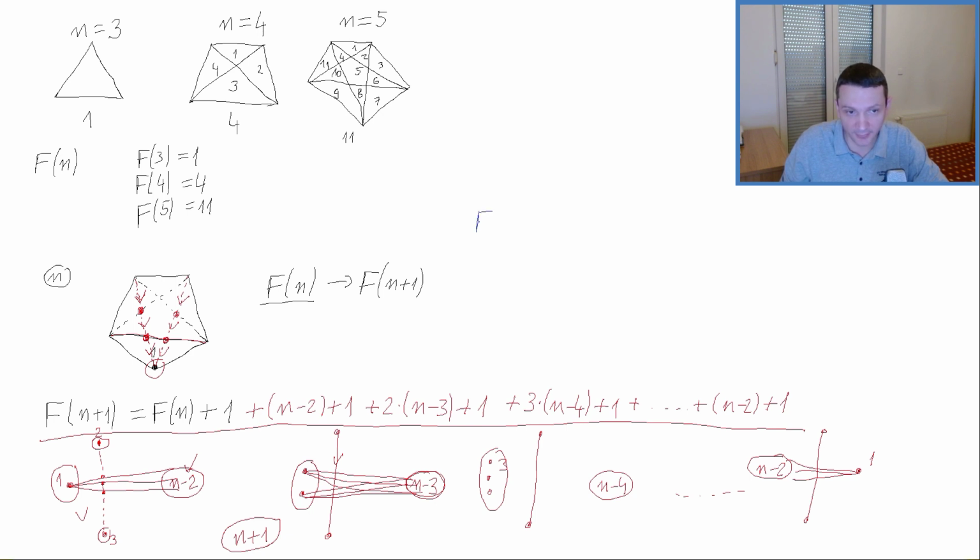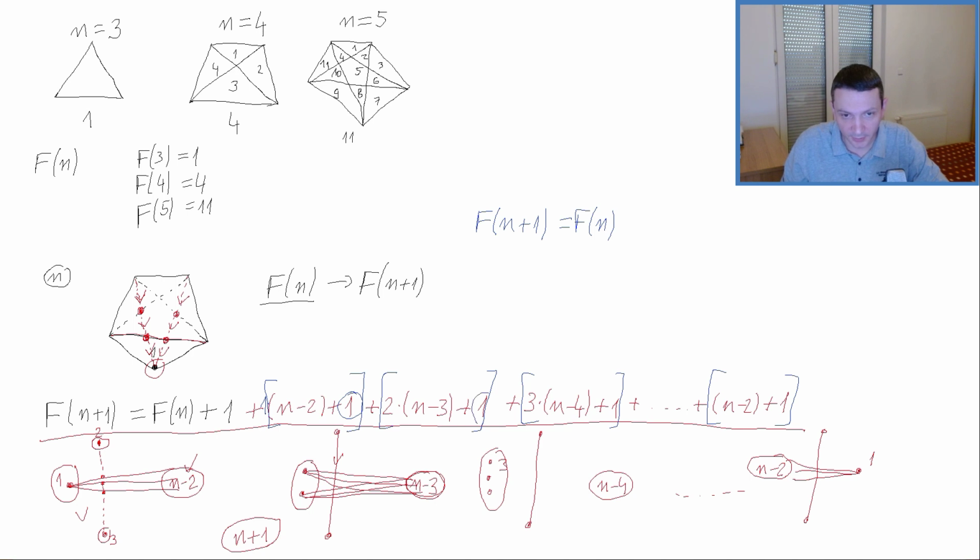We obtained that f of n plus 1 is equal to f of n. And now we have some 1s. So I will just put brackets here, here, here, and here, so that we can calculate how many 1s we have. We have here 1 time.